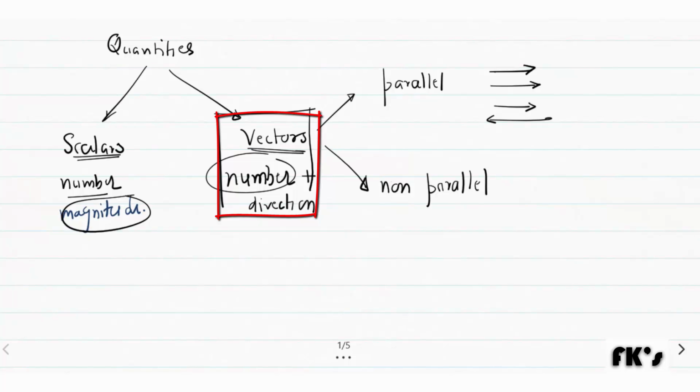That's an important thing. When I talk about non-parallel vectors, I want the vectors to be in any of the directions possible. They can make an acute angle, they can be perpendicular, they can make an obtuse angle between them. So anything other than 0 will be non-parallel vectors. Let's get started with the parallel vectors.